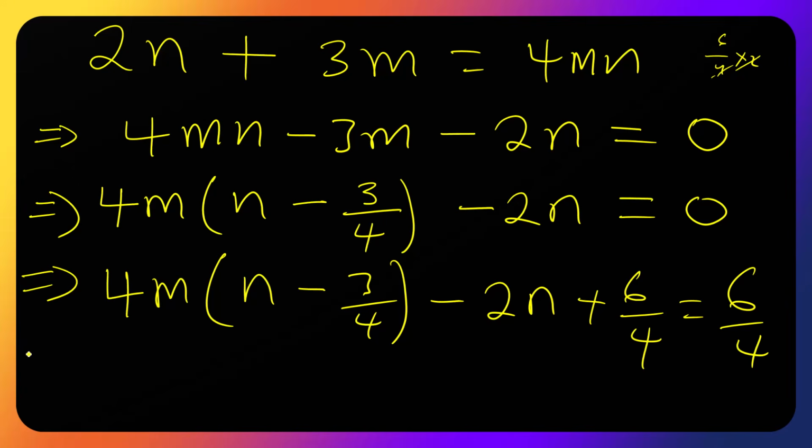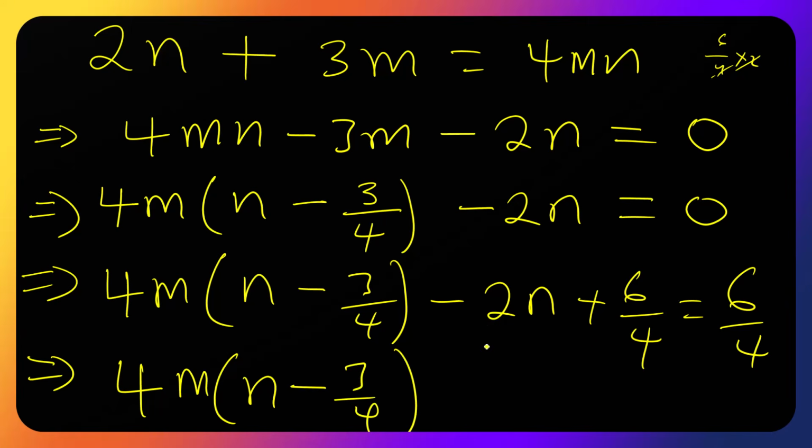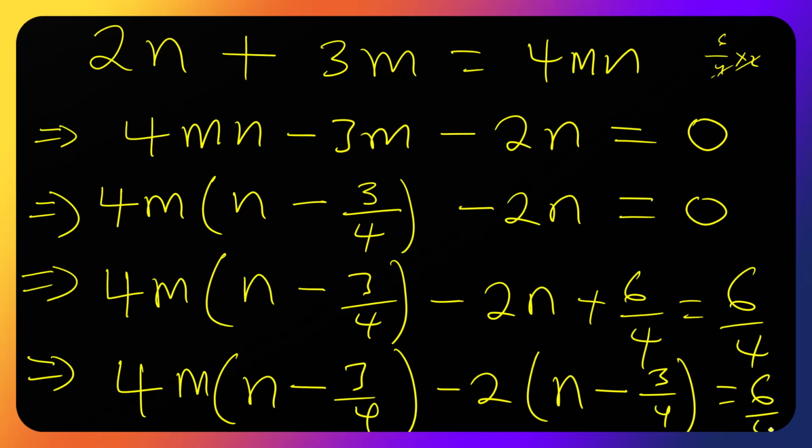All right, so the next step here is to create a bracket here, which will match with this. So we have 4mn minus 3 on 4. So if I take minus 2, I will let n minus, so this side will be left with 3 on 4 equals to 6 on 4.